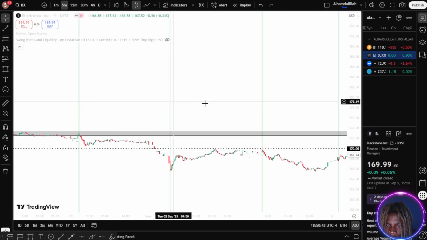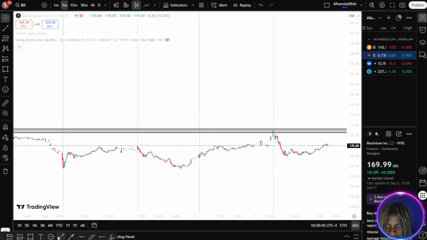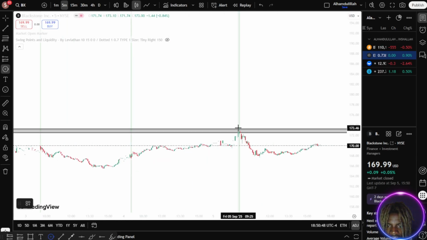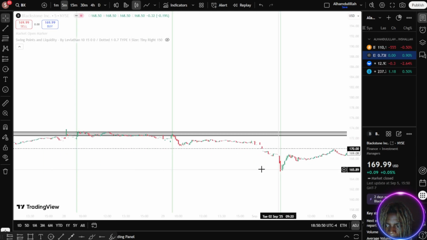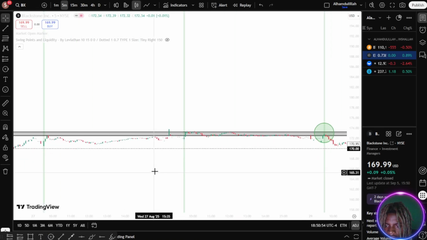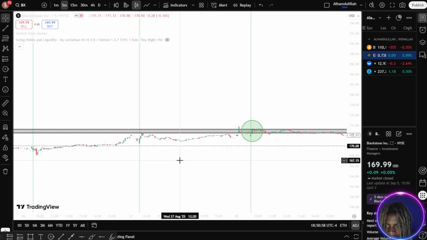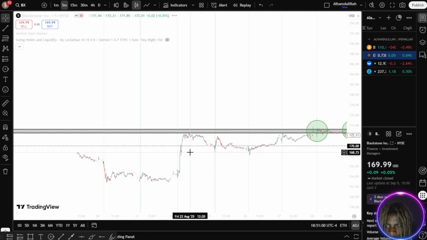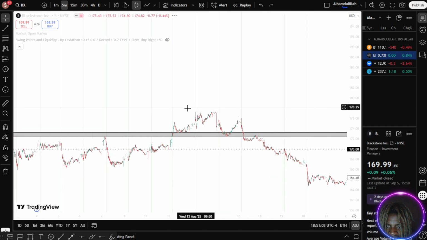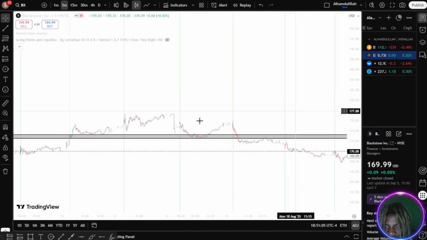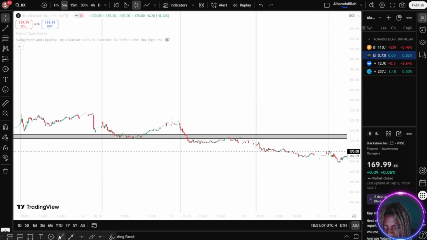And boom, so we have multiple areas being reacted within the box once again. So 9:30 reaction here, one reaction here, one reaction here, and then we have another reaction here. Exactly, 100%. So yeah, I'm looking for retest above the box, and then I would go ahead and take that. I like all the 9:30 reactions, and I would take it up to maybe this 9:30 level up here.